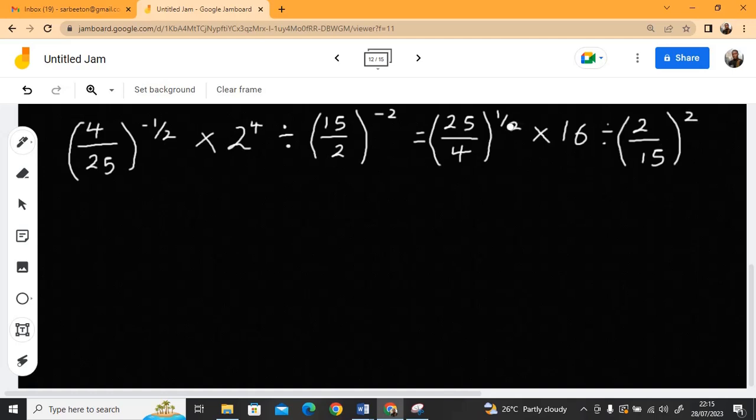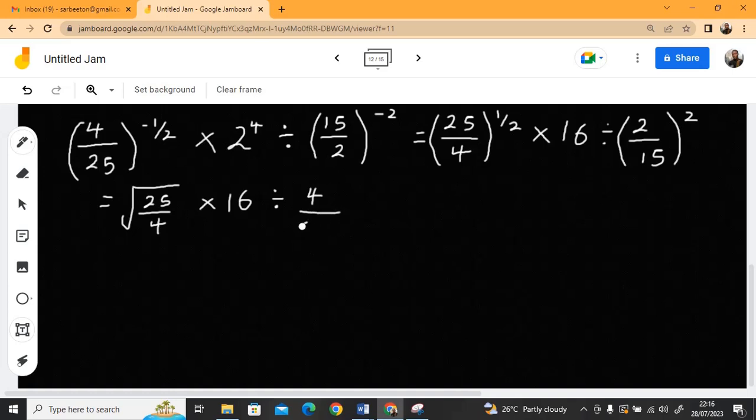Now in this one I told you that this 1 over 2 becomes the square root. So you have the square root of 25 over 4, times 16, divided by 2 raised to the power of 2, which is 4, and 15 raised to the power of 2, which I think is 225.